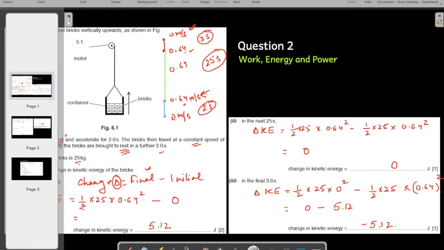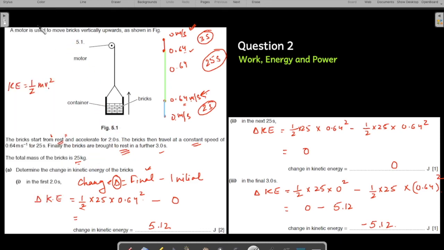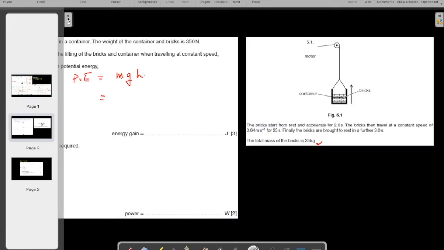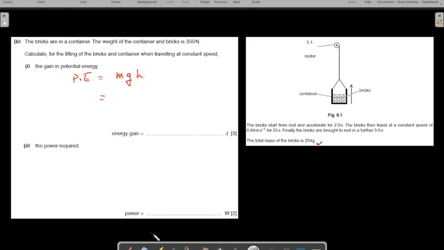This information I have put on the second screen as well. So what should be the value of m that you input here? You do not know the total mass of the brick and the container, but you know the total weight. What is the formula for the weight? Weight is equal to mg. You know the value of mg together. Mg is 350 newtons. So you'll use the term 350 here for both m and g.